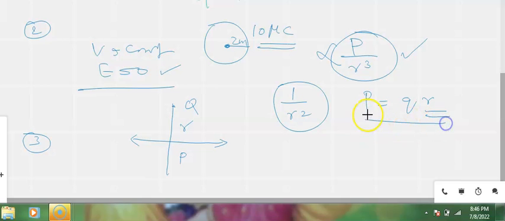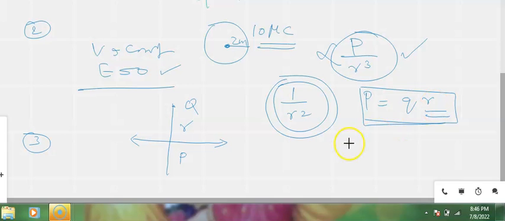Using this concept that the field has to be 1 over R squared, and the dipole moment is the charge into the distance, then we can simply say that it should be proportional to P by R cubed. So the knowledge of the dimensions helps you to answer even if you do not remember the formula. This aspect I feel the student should keep in mind when studying the subject.